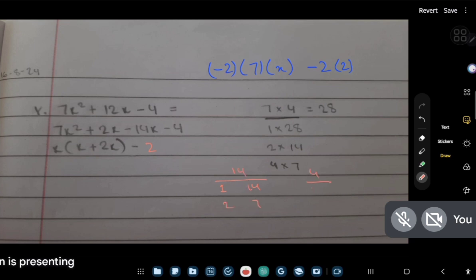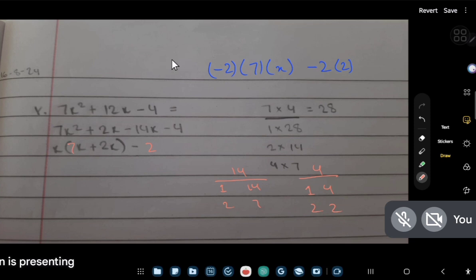When we take 4 you get 1 4, you get 2. So we can take 2 common from these two, right? So you're left with, and when we take 7 common here, you're left with 7k, 7x.